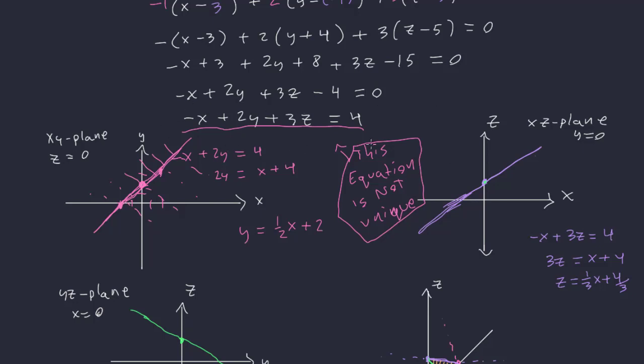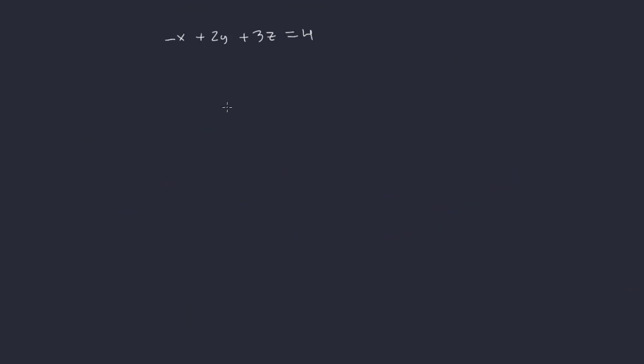Okay, so this equation we got here is not unique. We could have been given a different vector that was perpendicular to the plane. However, what ends up happening, and you'll see this a lot, so let's clear this up and take a look. Say you did your work and you got down to here, but when you checked your answer in the back of the book, it showed this.